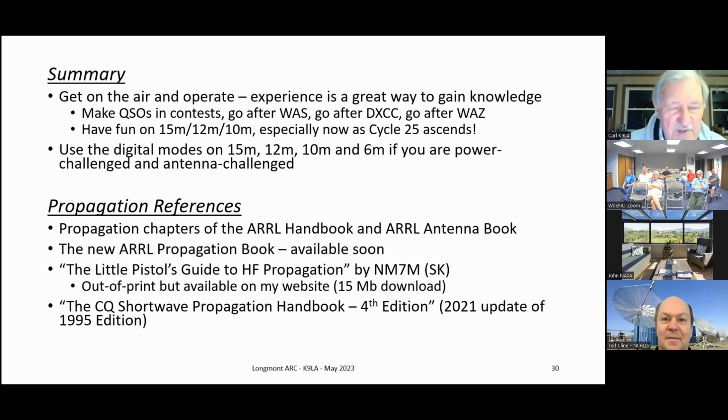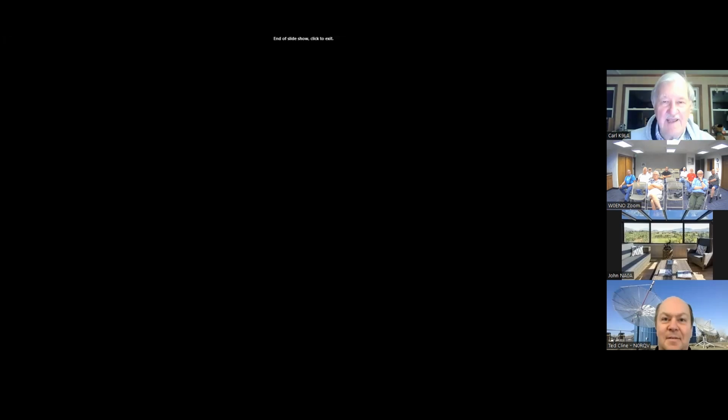It's out of print, but it's available on my website. It's a 15 megabyte download, which shouldn't be too much of a problem nowadays. And of course, there's the CQ Shortwave Propagation Handbook, 4th edition, which is a 2021 revision of the old 1995 version.